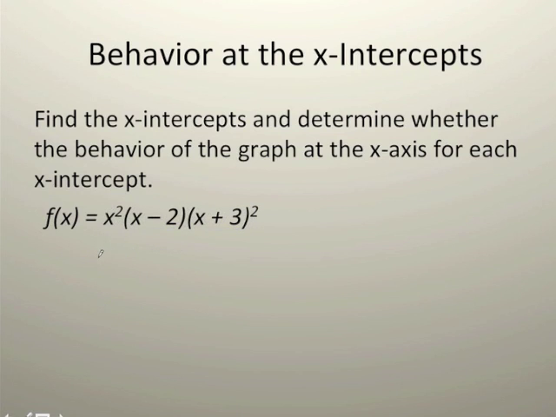But here in factored form, we have x equals 0, and that has a multiplicity of 2, so it does not cross. This will tell me x equals 2, but no multiplicity, so it crosses there. And (x plus 3) squared means x equals -3 will have a multiplicity of 2, and it does not cross.